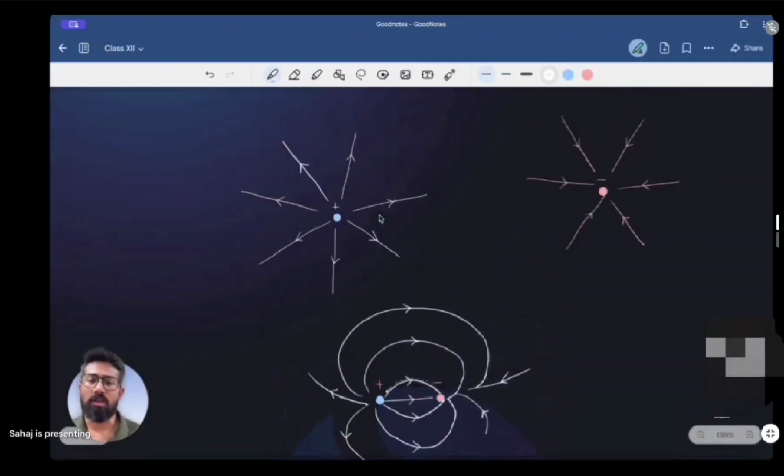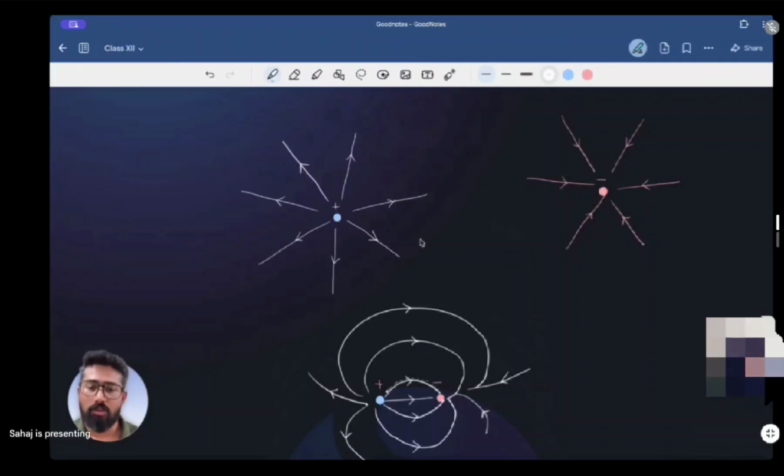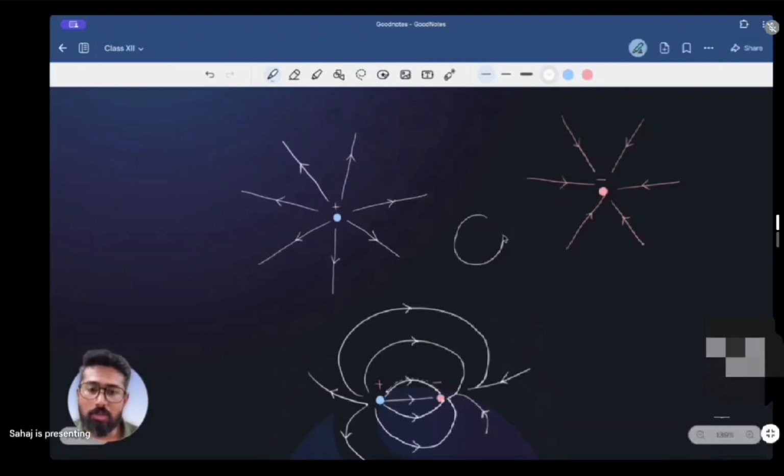So, lines of force actually tell us a few things. The density of lines of force in any region of space is a measure of the amount of electric force that something would feel there. So, if you see that here, the number of lines of force is very less, so charges won't be feeling much force. But when you go here, there's a very dense amount of lines of force, so the amount of force would be more.